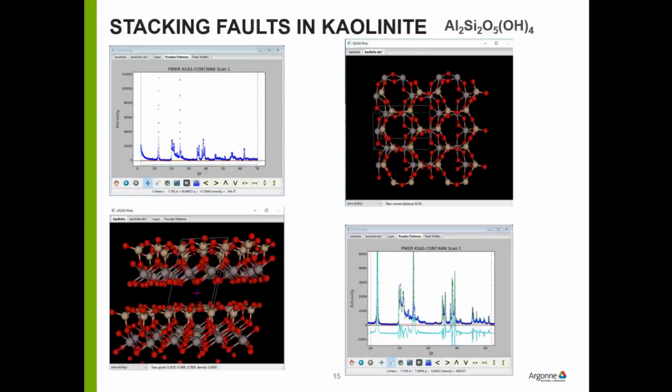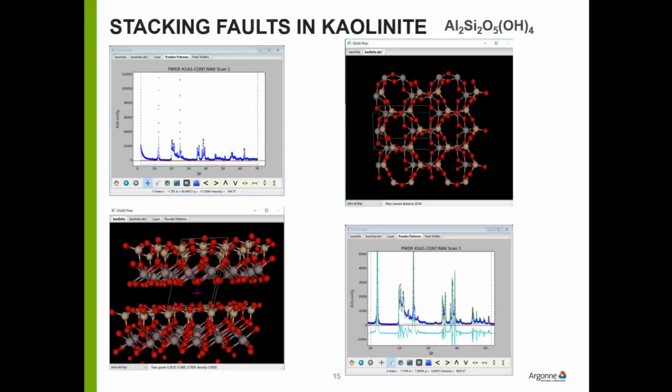Okay, and then when you look at how that streak looks in a powder pattern, you get this characteristic curve where it rises and then has a long tail on it, because that's you scanning through that streak for some of these reflections. And then there are other reflections which are sharp because they're not streaked.